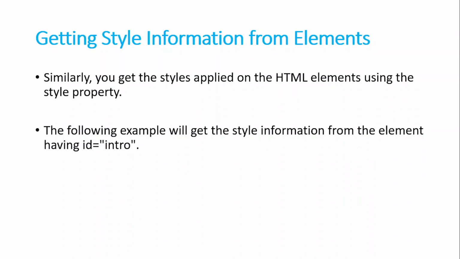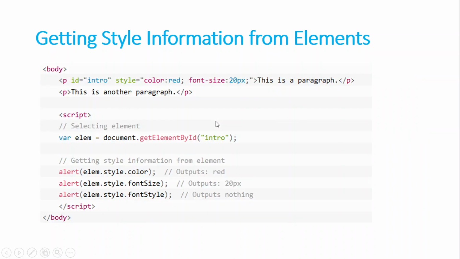Similarly, you can get the styles applied on the HTML elements using the style property. Let's see the example. Now you can see we can also get the style information by the style property. If you don't assign any new styling, we can just console log or alert it out. So you can see here it is getting the color of the text.